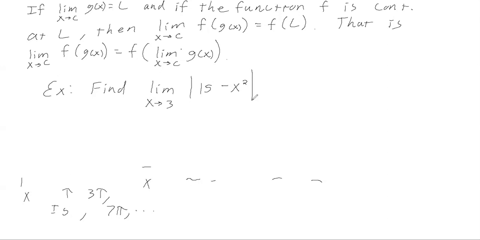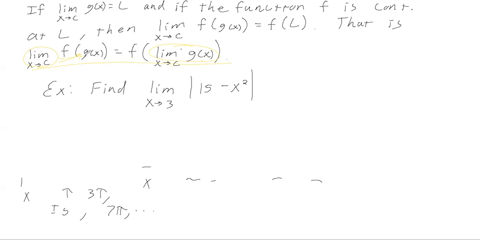All right, so what does this part right here mean? That means that if I have a function f that is continuous at the limit of g, then I could take this limit right here and bring it to the inside. Evaluate that limit of g, and then evaluate f at that limit, as long as that limit exists and f is continuous there.